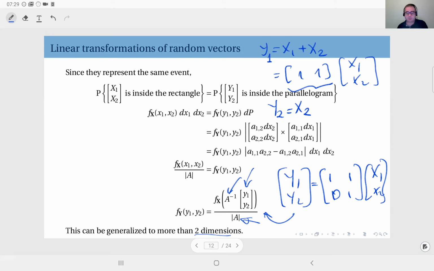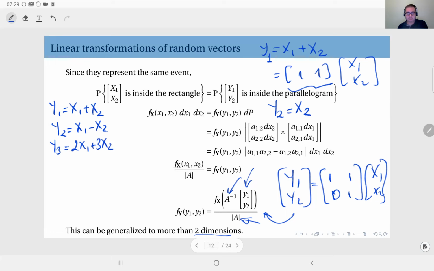If you have it the other way around, if you have more y random variables than x's, for instance, let's say y1 equals x1 plus x2, y2 equals x1 minus x2, and y3 equals 2x1 plus 3x2.